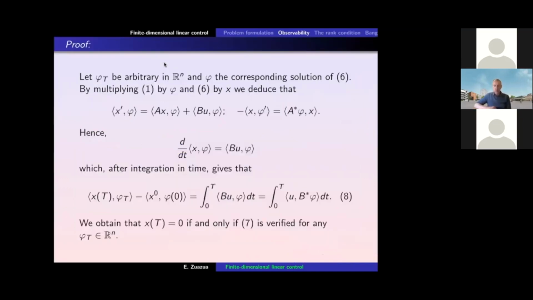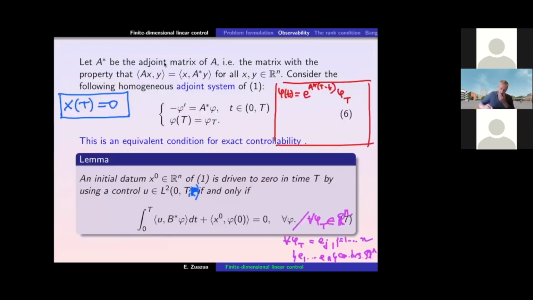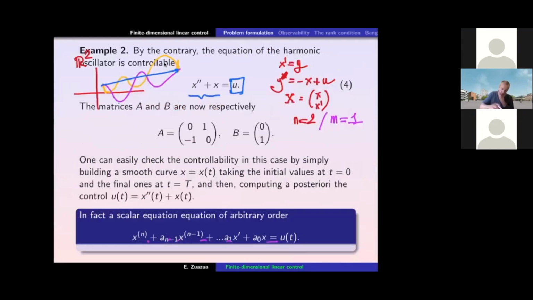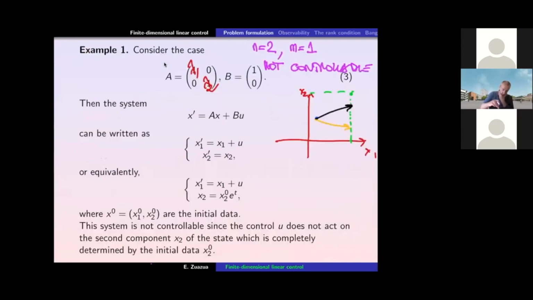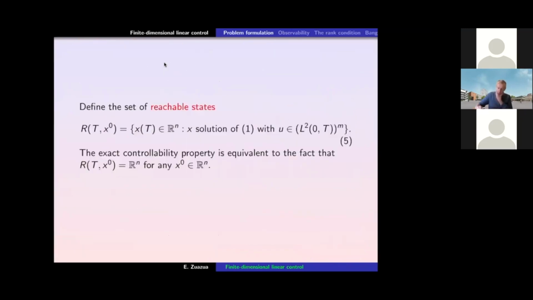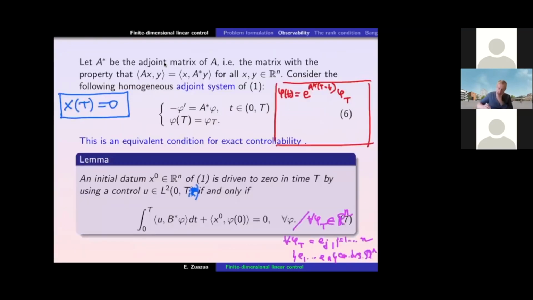How do you do that proof? Why is the controllability property of the original system, when the target is simply 0, equivalent to this dual version?